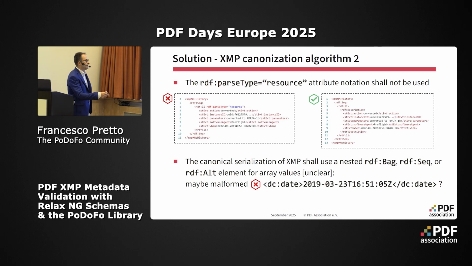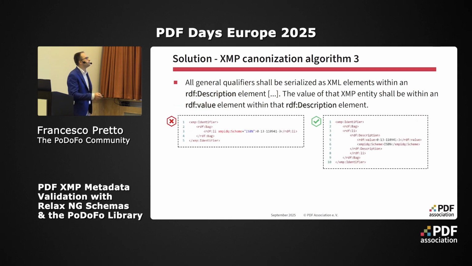I don't remember exactly, maybe alternative, but the canonicalization algorithm may say don't use raw values for a single element. Just use a complete bag, sequence, or alternative notation element.